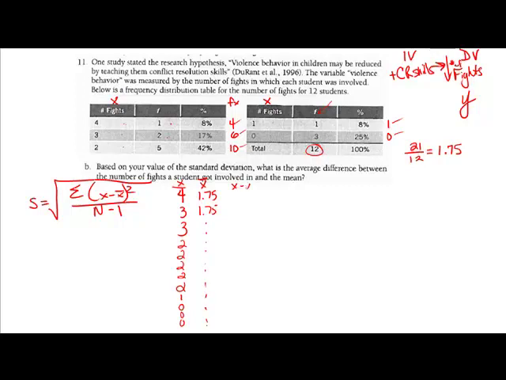Do my difference, x minus x bar. Twelve rows.